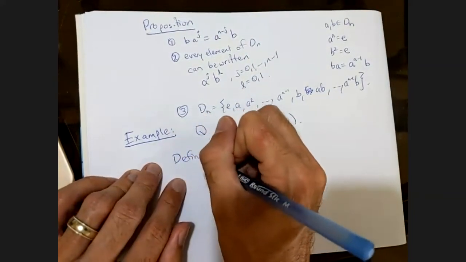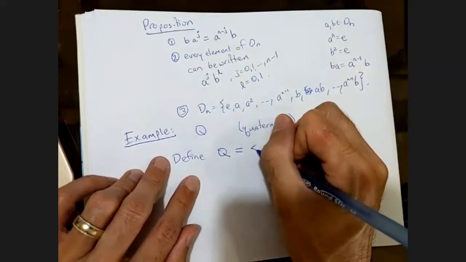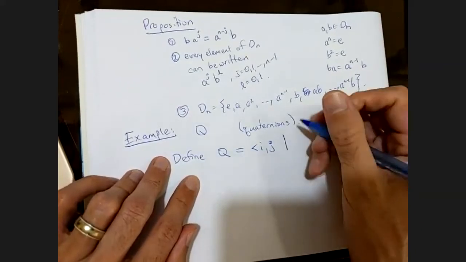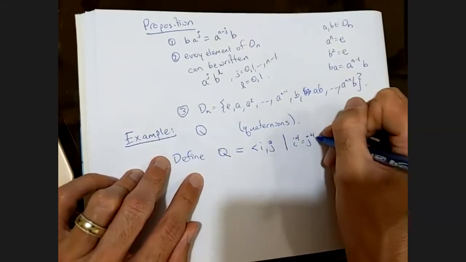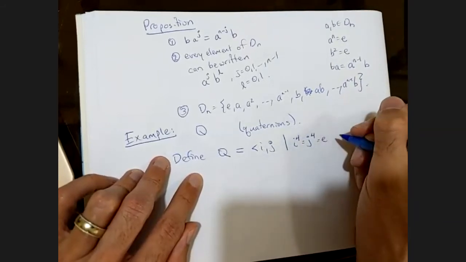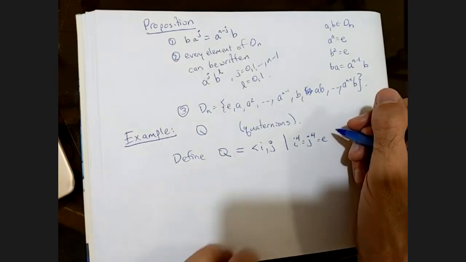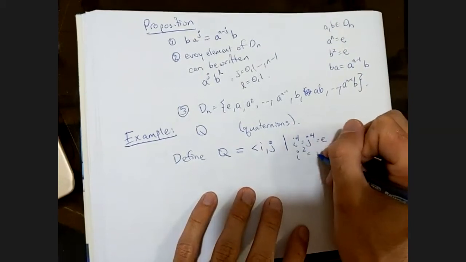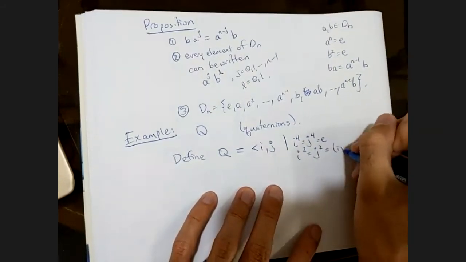Define Q to be the group generated by I and J, satisfying I to the fourth is J to the fourth is the identity, and I squared equals J squared equals IJ squared.